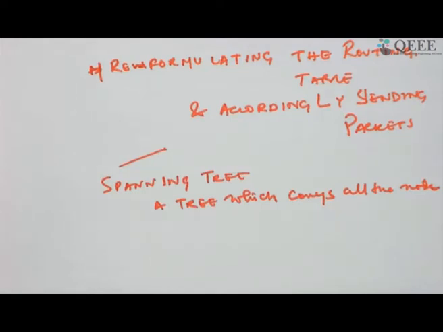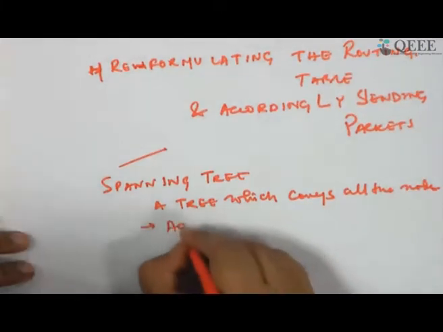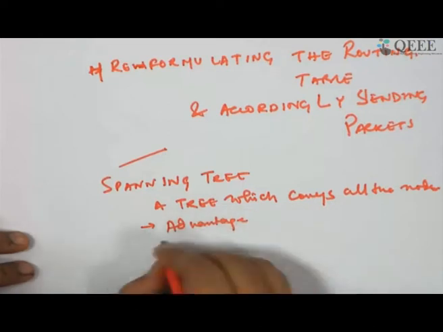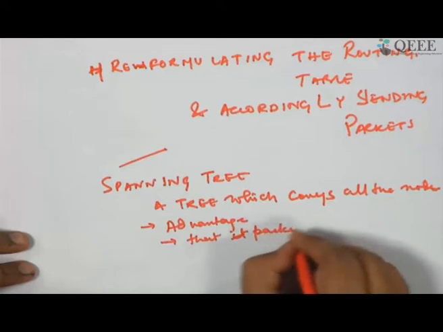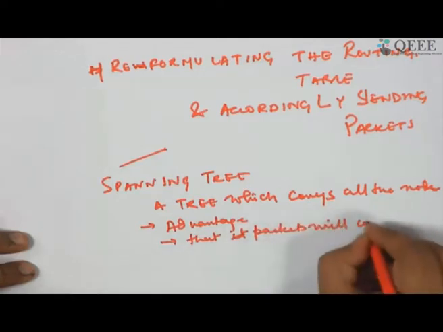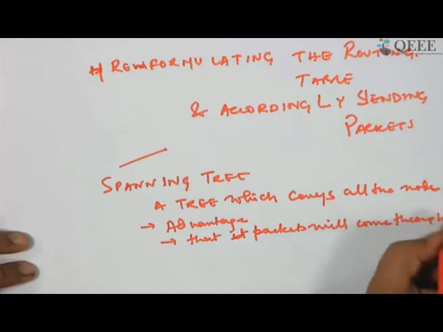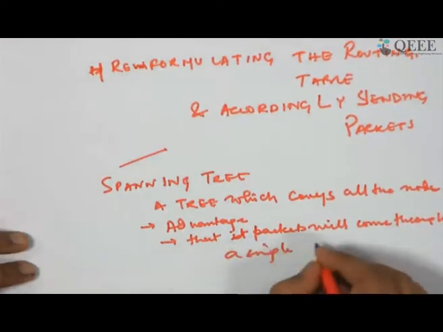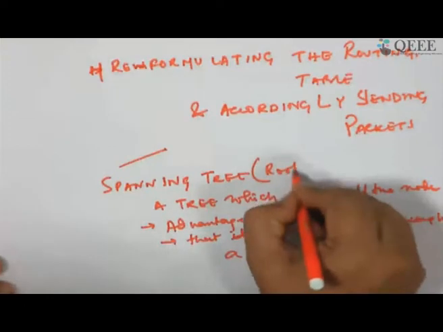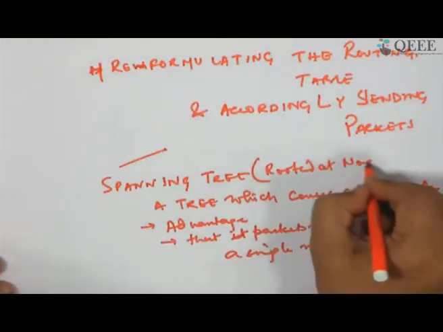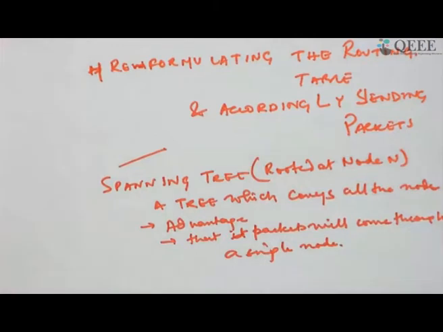So what is the advantage of a tree? The advantage from a network perspective is that packets will come through a single node, because it is a tree structure. If the tree structure is rooted at a node, so a spanning tree rooted at, say, node n, what is the advantage?